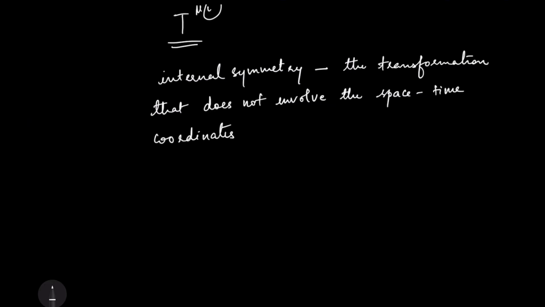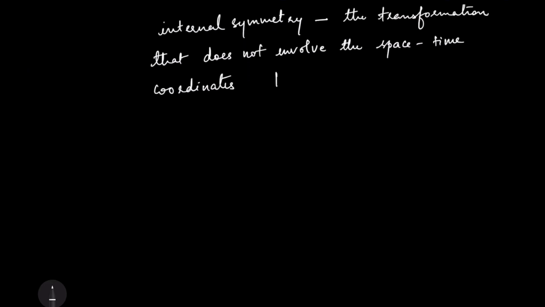So they are known as internal symmetries. An example for internal symmetry is the phase rotation of a complex scalar field. For such symmetries, the transformation will not contain time derivative.